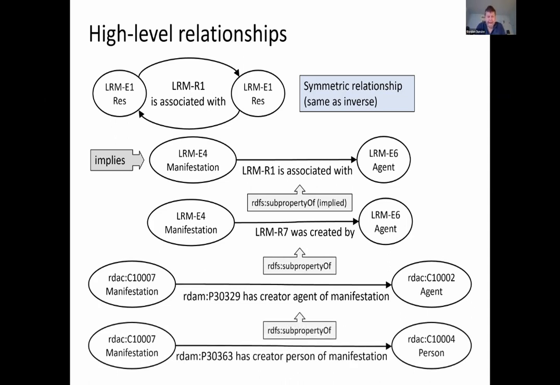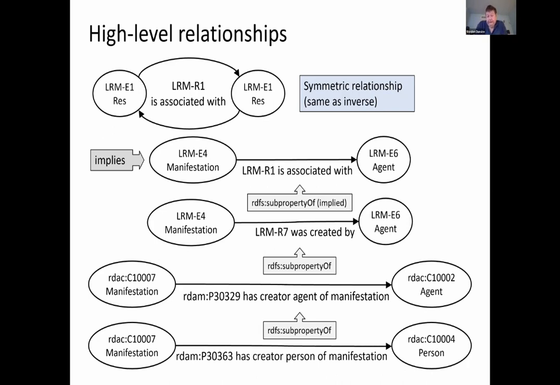We can now switch over to the RDA element relationship hierarchy. And RDA also has very high association relationships, but for the purposes of this discussion, I will start with the creator of manifestation relationship, which is clearly a subproperty of the LRM relationship.